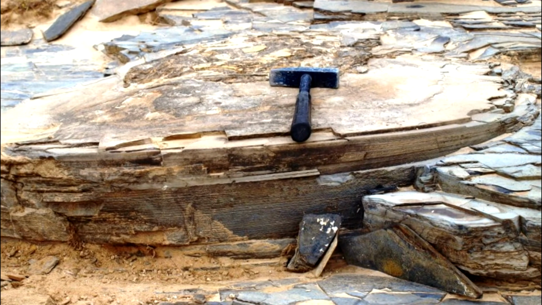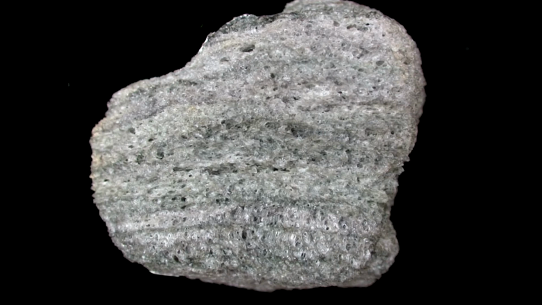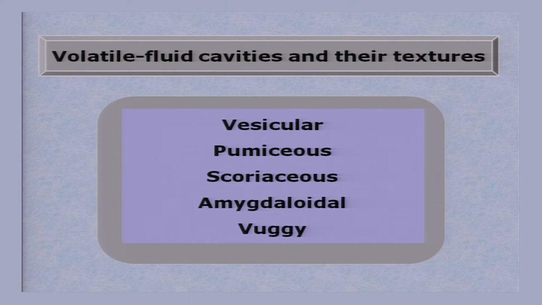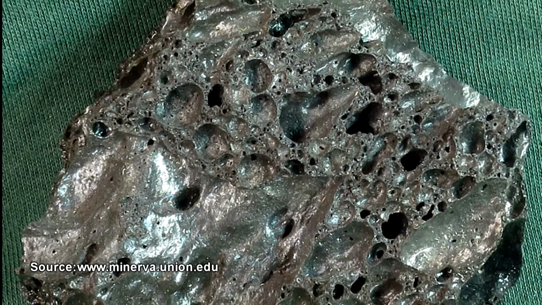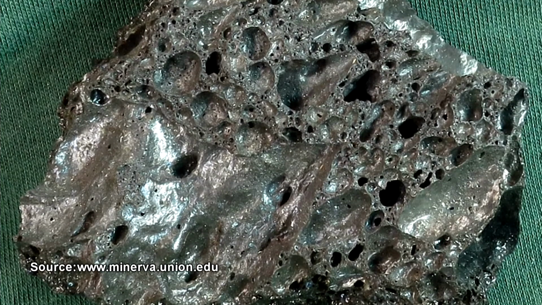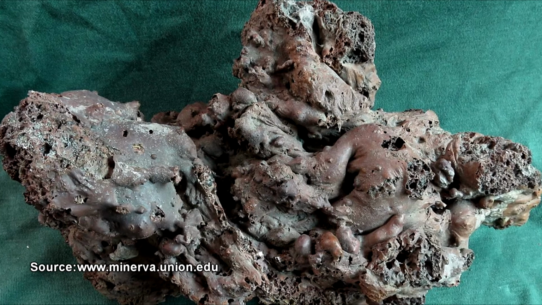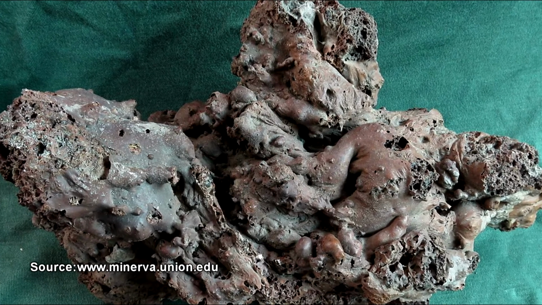Pumiceous: the number of vesicles, the density of vesicles, is increased several times. Scoriaceous: open spaces, and the number of vesicles is enormous to the extent that the density of the rock decreases, the heavier rock becomes a lighter rock. The rock can float in water.